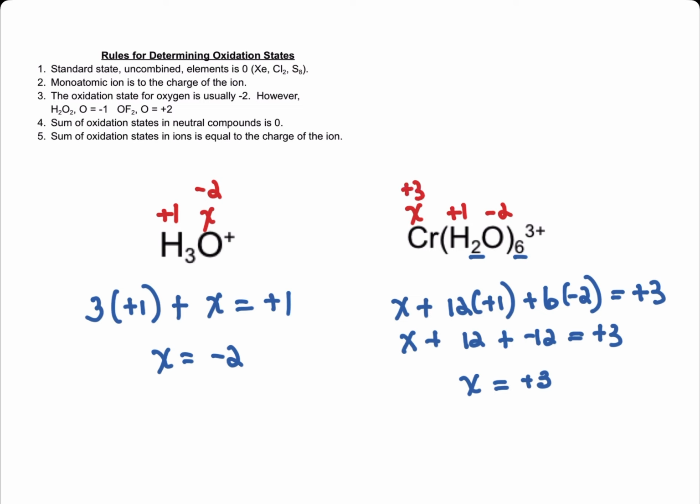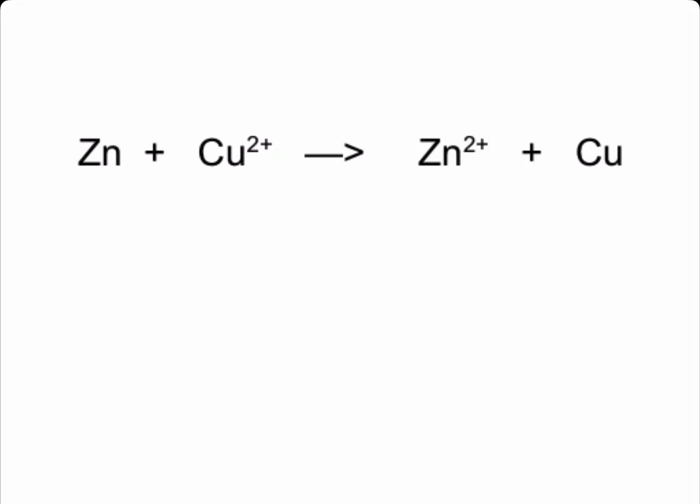Let's go ahead and examine the reactions now. Once we figured out how to determine oxidation states, we can go ahead and examine redox reactions. Before we do anything, we have to assign oxidation states. So let's go ahead and do that. Zinc is an uncombined element, so it has an oxidation state of 0.